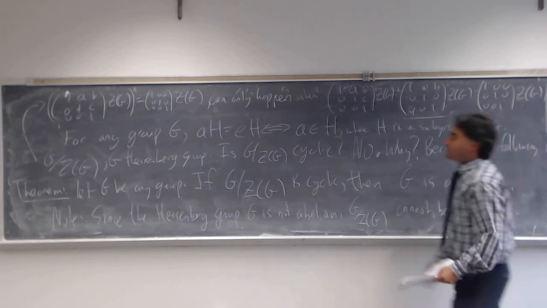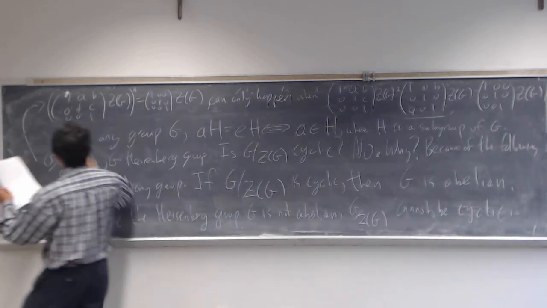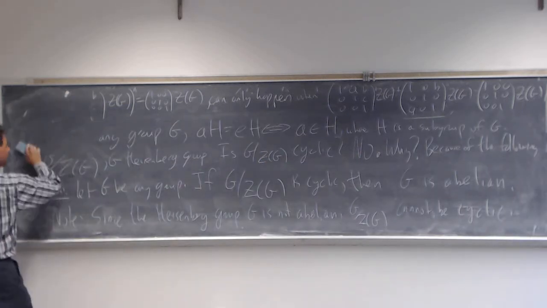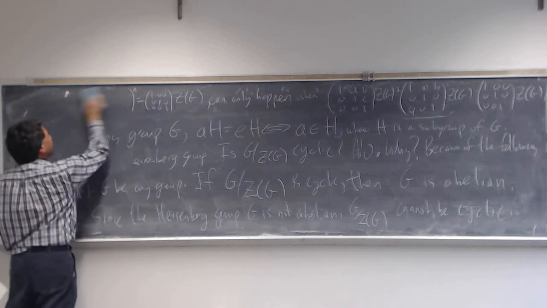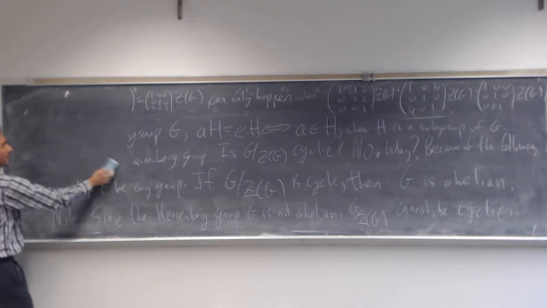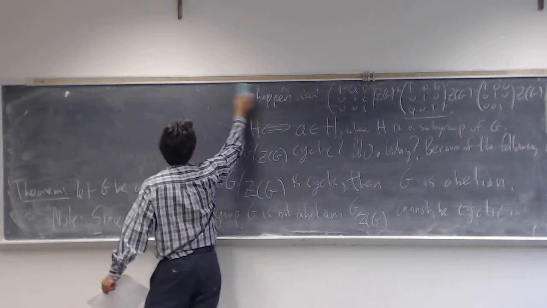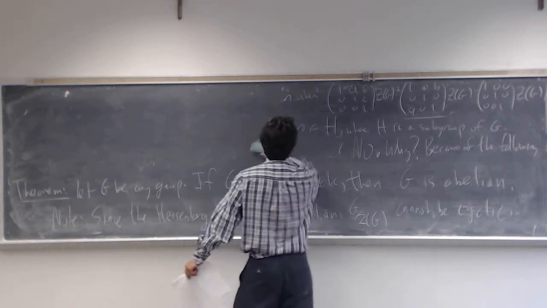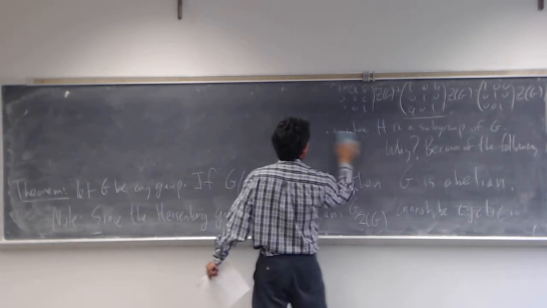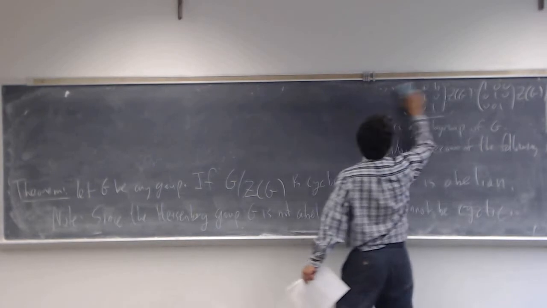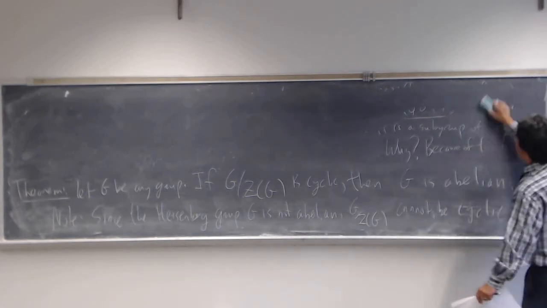So let's prove this theorem now. And this proof, it may look pretty scary, but it's actually not too bad. It's a real nice exercise in trying to just use the definition of how we multiply things in the quotient group and what it means to be cyclic and kind of piecing it all together.